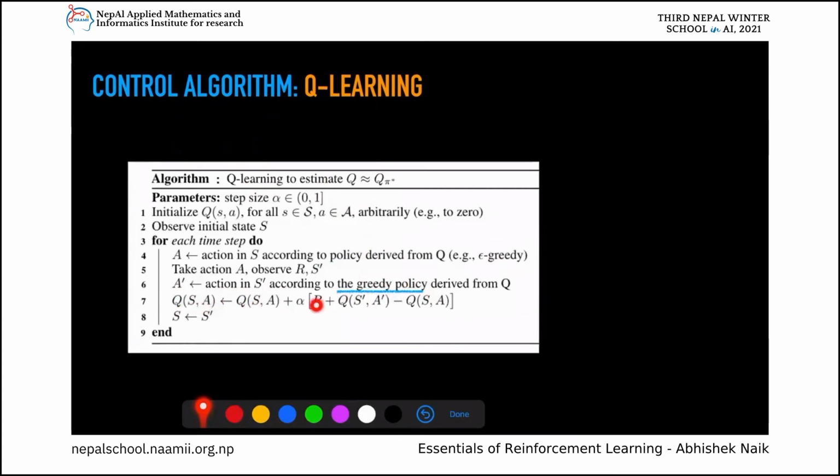That gives you this update again. But I want you to take a closer look at what this is. If I'm taking the action according to the greedy policy in state S prime, do you remember from the equations that we learned earlier, the Bellman optimality equation, how did things change?